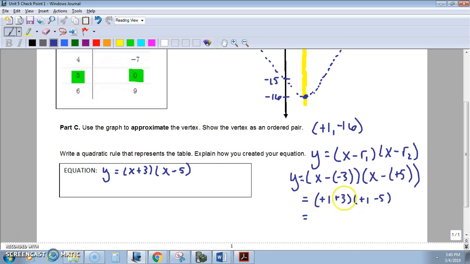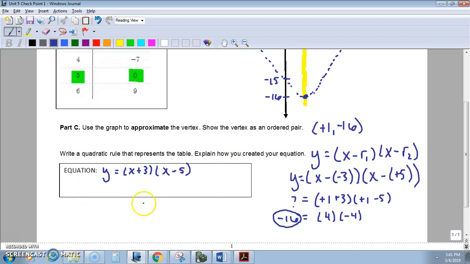So let's see if this works. +1, let's figure out if y is correct. +1 plus 3 is +4. +1 minus 5 is -4. -4 times +4 is -16. So good, that worked out. We didn't have to find another number. We will work on finding other numbers later. So this is our y-intercept. We already found that out.